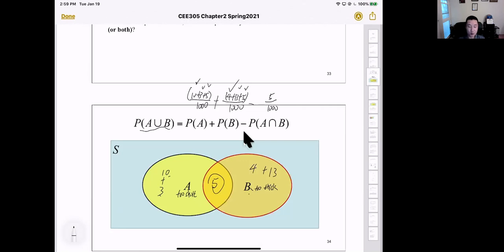So that's why we need to minus that 5 once. Okay? So we count 5 only once to offset that. So remember, if A and B have something in common, we should use this equation. Okay, P(A or B) is equal to P(A) plus P(B) minus P(A and B).